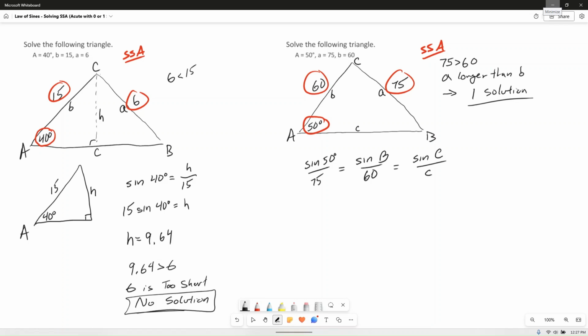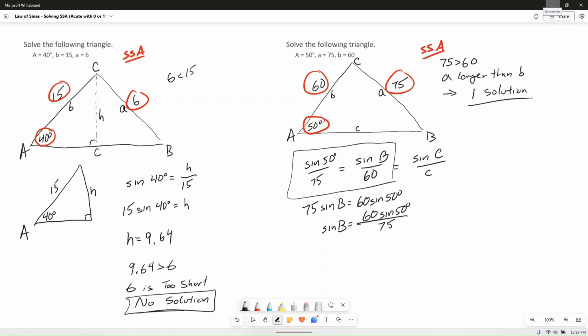So let's go ahead and do that. Our proportion is sine of 50 degrees over 75 has to equal the sine of B over 60. Okay, so it's this proportion that we're working with here. So cross multiply, that is going to give me 75 sine of angle B is equal to 60 times the sine of 50 degrees. We divide the 75 over, so I have the sine of B is equal to 60 sine of 50 degrees over 75.